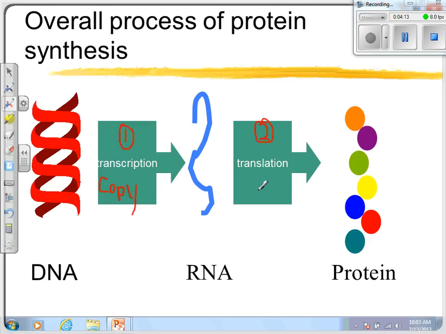So this is where the code is translated into a protein. As you can see, I'm still not very good at writing with this pen and the mouse. Okay, so the code is translated into a protein. So there's 2 steps. And we're going to go through one step at a time on how this actually works.